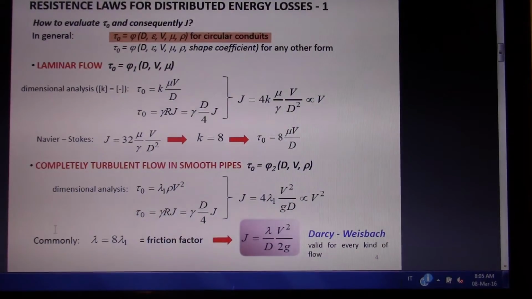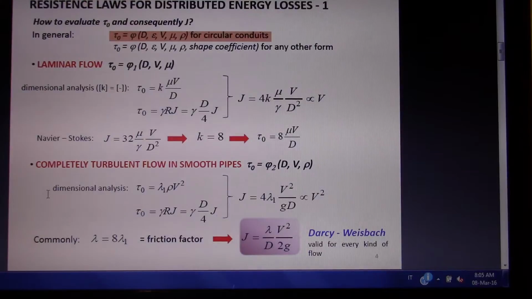Right now, let's try to define the same things for a completely turbulent flow in smooth pipes. Smooth pipes are, of course, ideal pipes where the roughness is not relevant. In this case, it's possible to demonstrate that tau 0, the tangential tension, is a function of D, the diameter, the velocity of the flow, and the density of the flow.